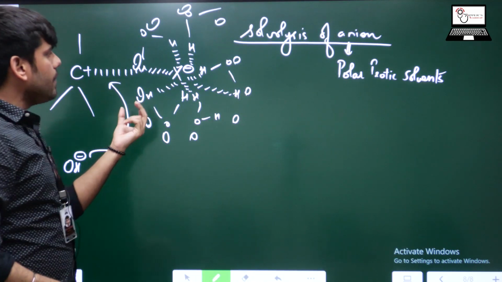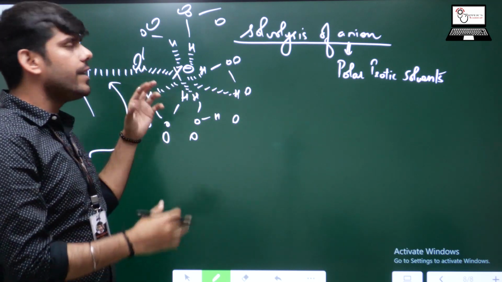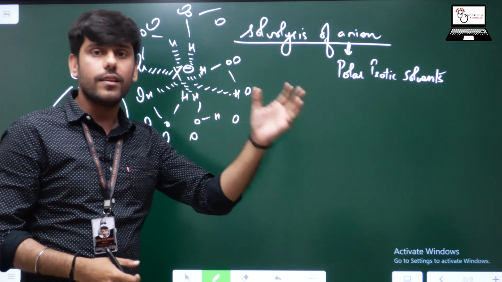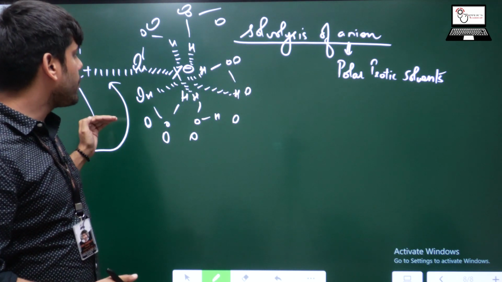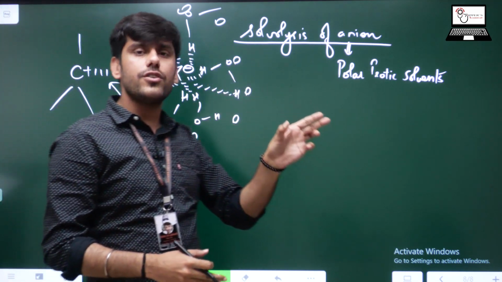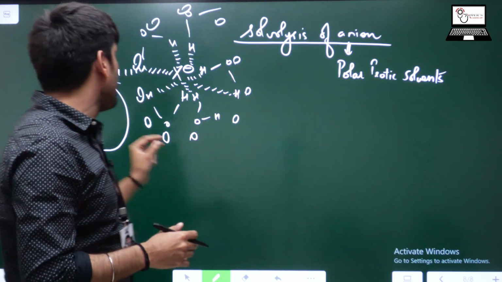Somehow facile means there is hindrance; these water molecules act as an obstacle, so this is not a 100% facile attack, but the attractions are somehow weakened and hence front side attack is somehow possible.